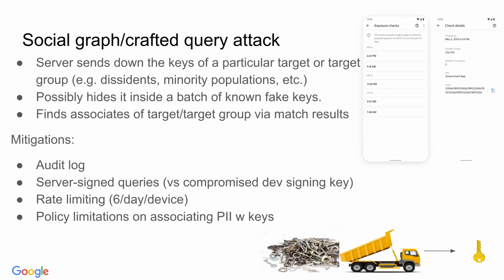So the most important attack that we thought about is what we call a crafted query attack. The normal mode of operation of exposure notifications is that the healthcare authority app downloads the diagnosis keys of all known infected users to the user's phone, and then it shows up to the matching API with a dumper truck full of diagnosis keys, and it says, "Hey, exposure notifications API, have you been near any of these?